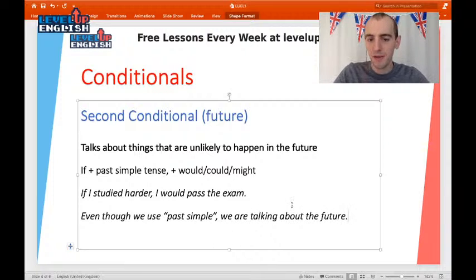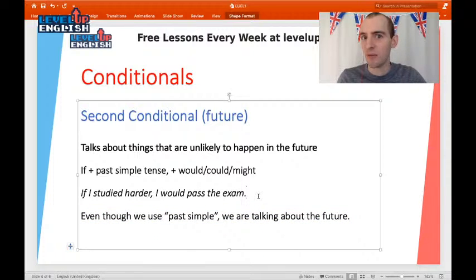So this is very confusing, but we have to forget, in this case, that past simple is about the past. We're using the past, but we're talking about the future. The past tense just gives the effect that it is less likely to happen. It's much less likely to happen.